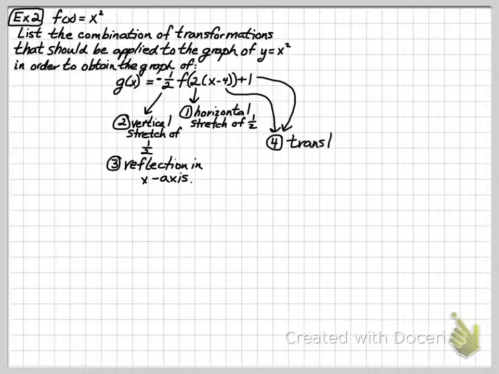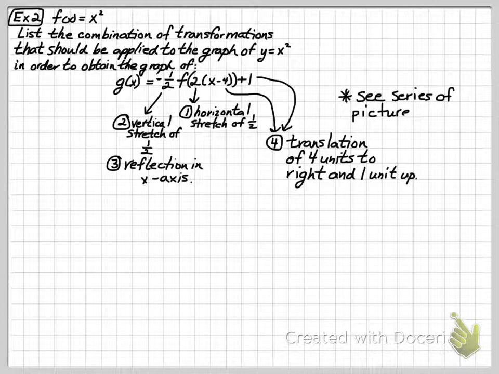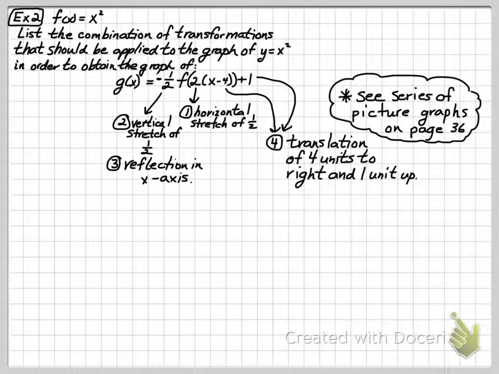Lastly, there's going to be a double shift, because we're going to have a translation of 4 units to the right and 1 unit up that we can do at the same time. There's pictures of this shift in a series of pictures on page 36 of your textbook.